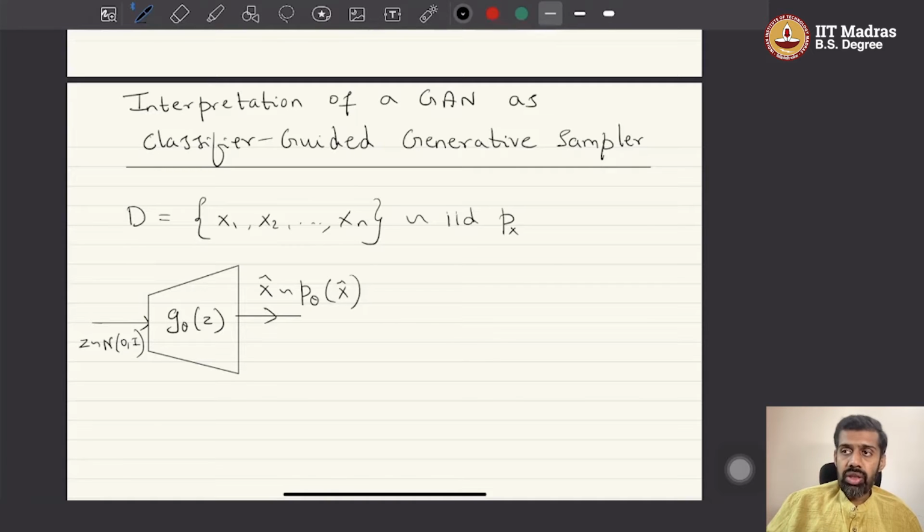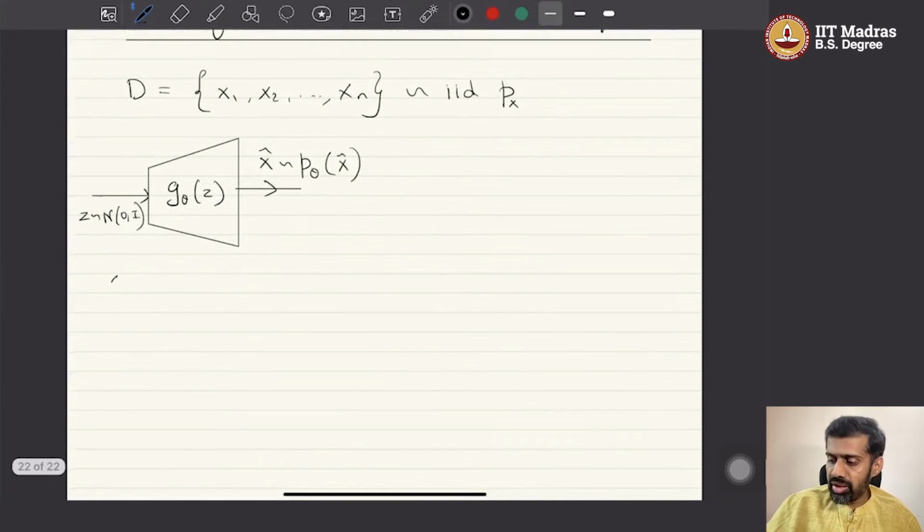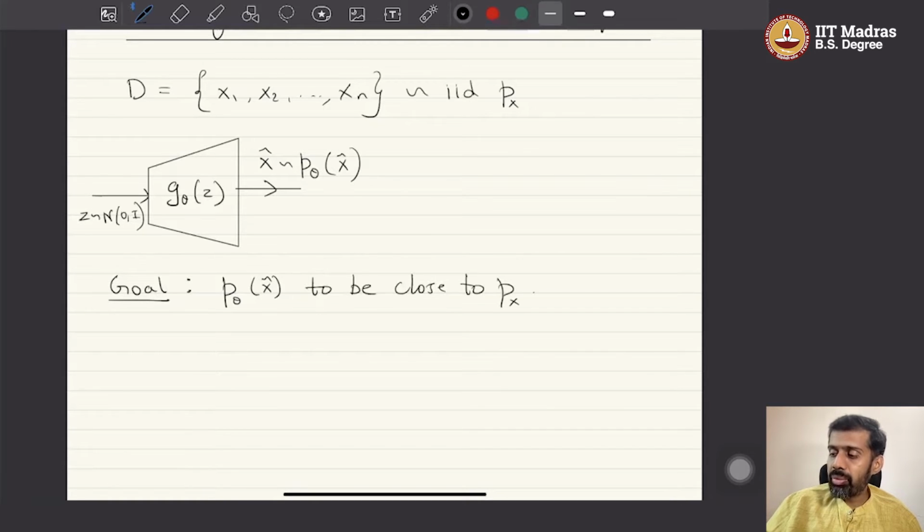Now what is our objective? Our objective has always been that we want p theta of x to be equal to P X, and we do it by minimizing the F divergence.